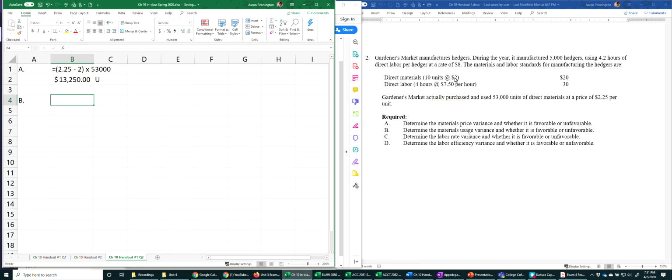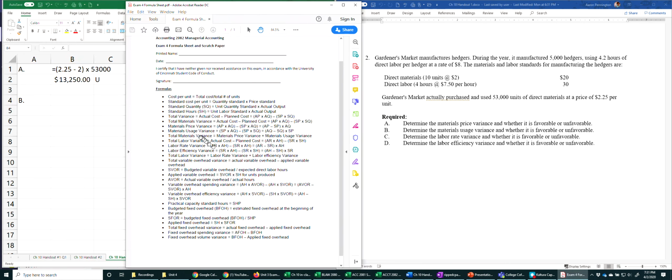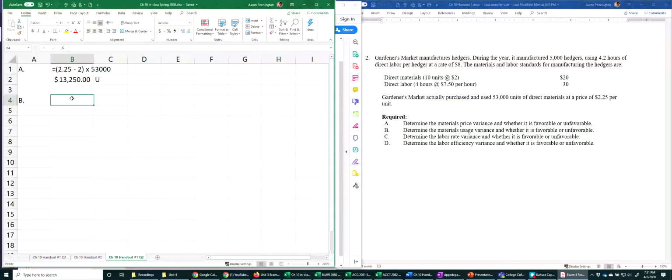Part B, materials usage variance. So we can refer to the formula sheet because this will be available to us come exam time. Actual quantity minus standard quantity times standard price. Okay, so we've got the actual quantity.